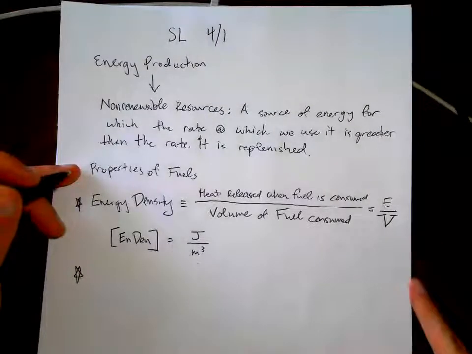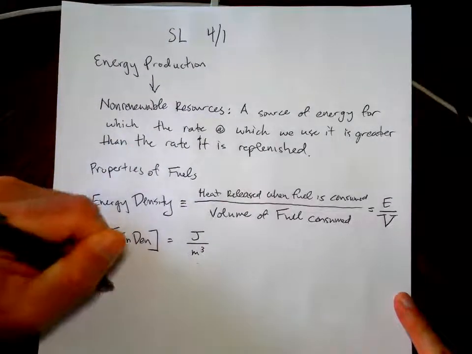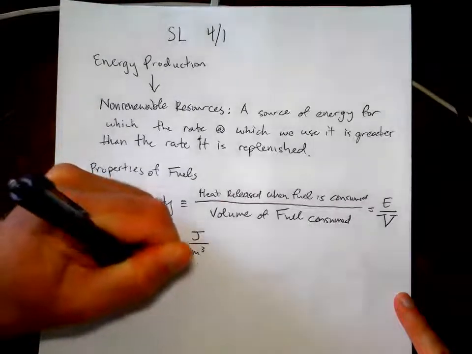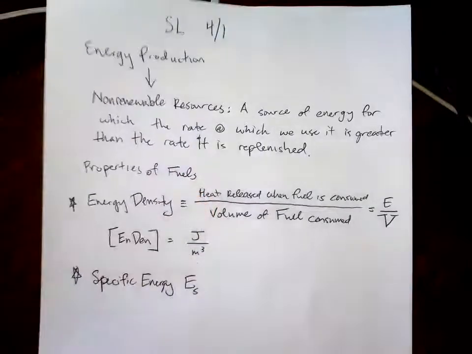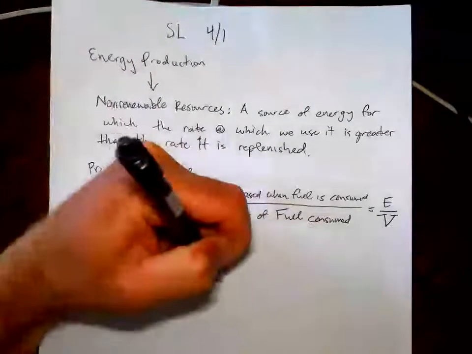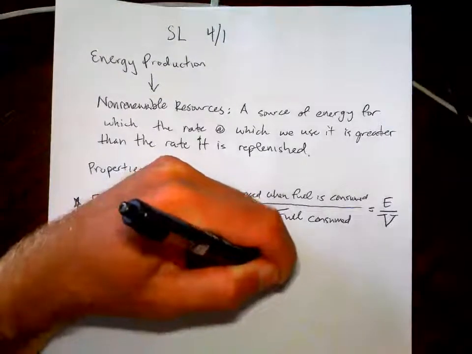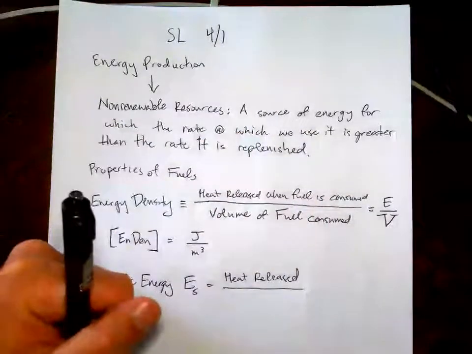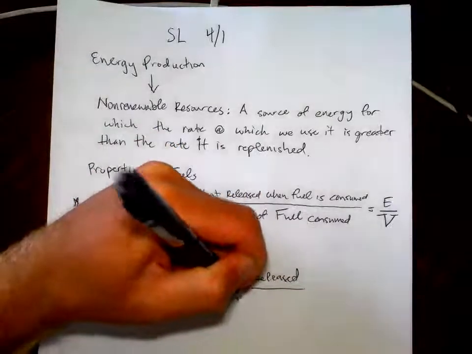Another property of the fuel is called specific energy, which I believe that IB denotes E sub S. And it is defined as heat released divided by mass of fuel consumed.